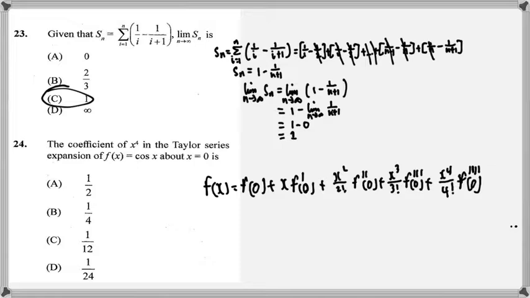And this is your Maclaurin series, a special type of Taylor series centered at x is equal to 0.